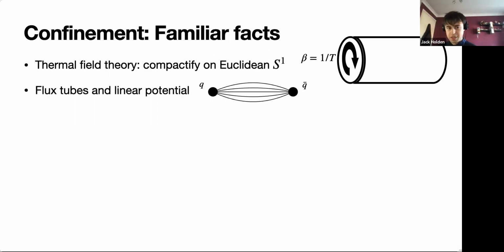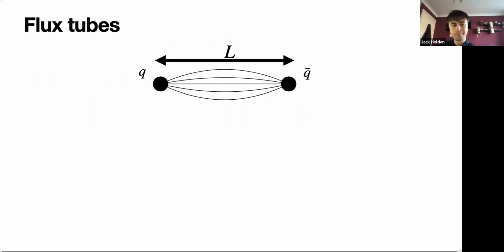Next is the defining feature of confinement, which is that flux tubes form to bind matter into color singlets. In particular, in any theory in which center symmetry is not explicitly broken, we can characterize confinement by a linear potential forming between a quark-antiquark pair. So this is what I mean.